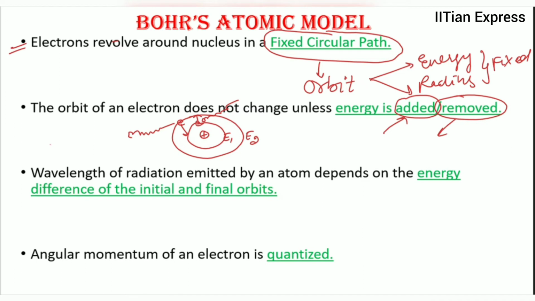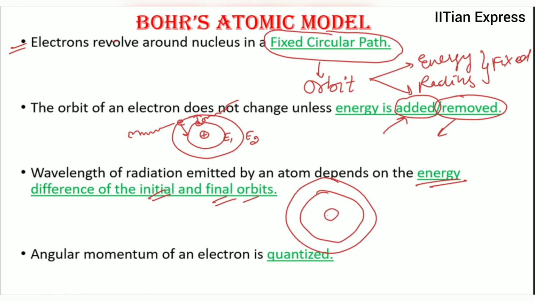Now come to the third postulate. The wavelength of radiation emitted by an atom depends on the energy difference of the initial and final orbits. Let us understand how. For example, let's suppose we have an atom with these orbits and the nucleus, and the electrons revolve in this orbit.